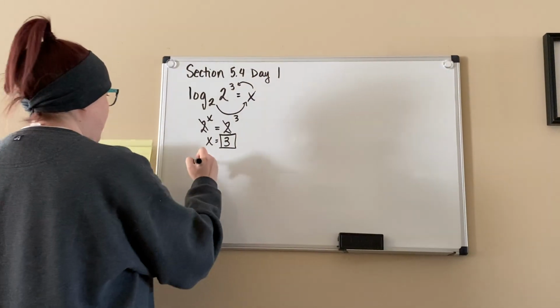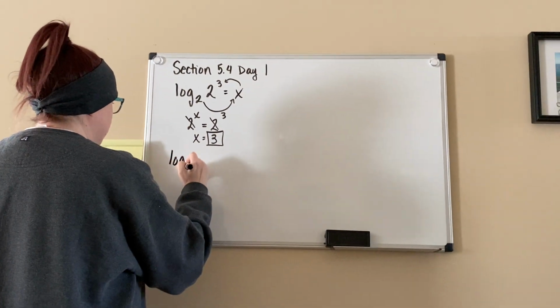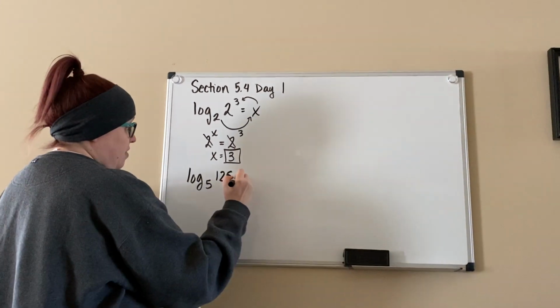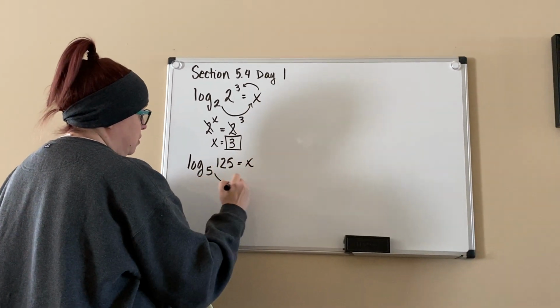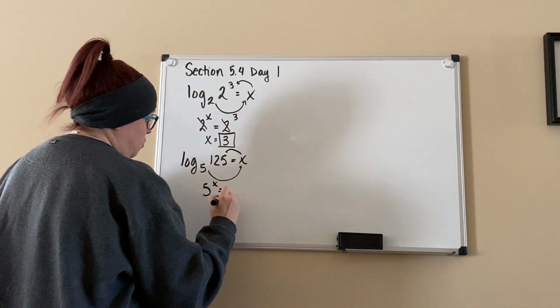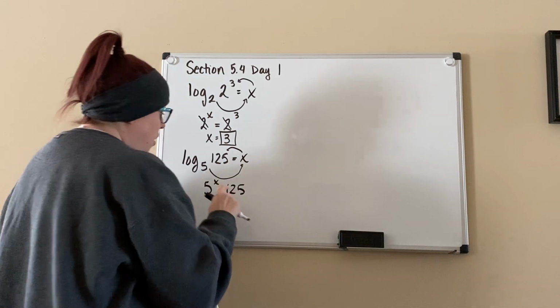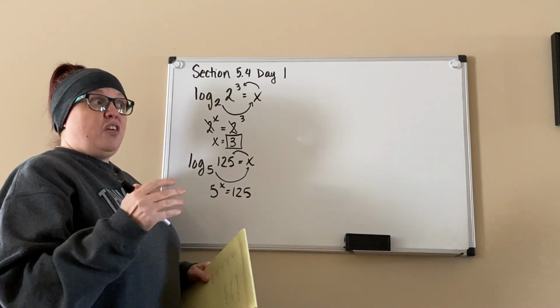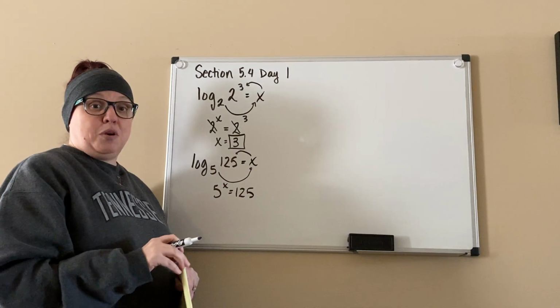So let's try log base 5 of 125. Well, if I take that equal to x, go around the circle, I'm going to have 5 to the x equals 125. Well, what power of x gives you 125? If you think about it for a minute, 5 squared is 25.